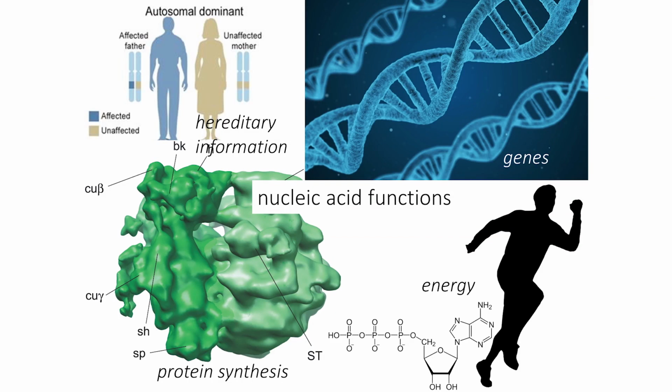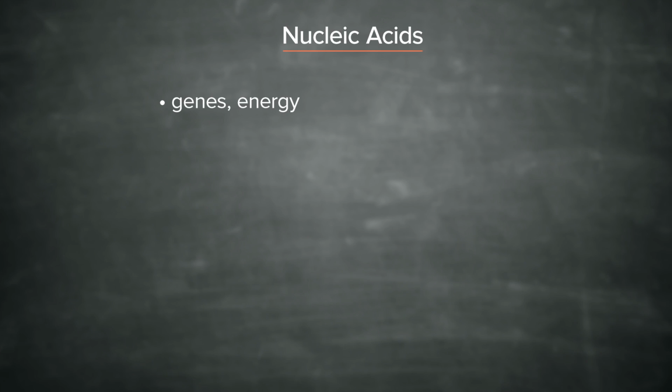They're involved in the synthesis of other types of macromolecules we'll talk about in a moment, the proteins, and they are the things that, because this is what genes do, carry the hereditary information from cell to cell, from parent to child.